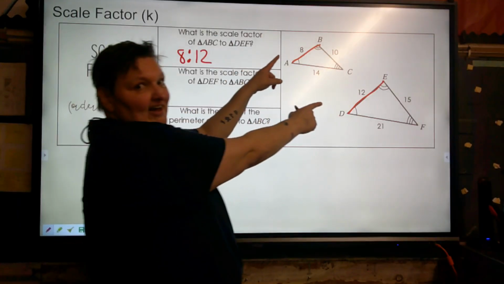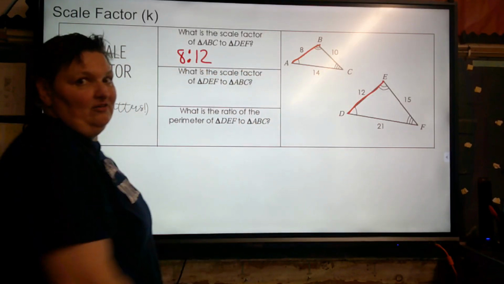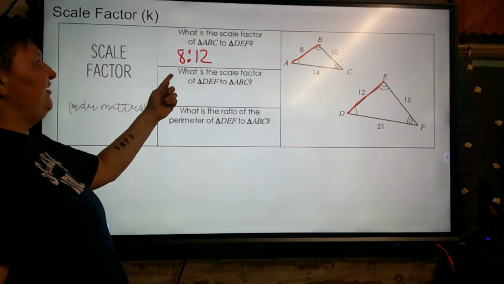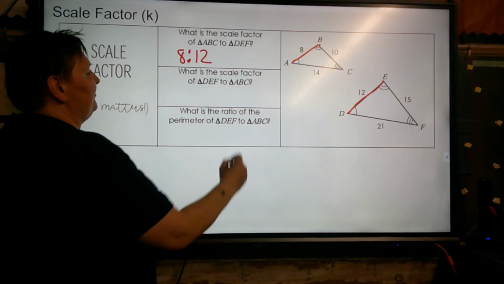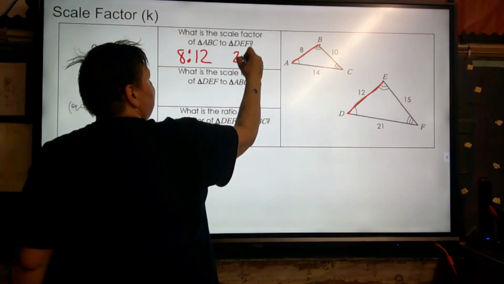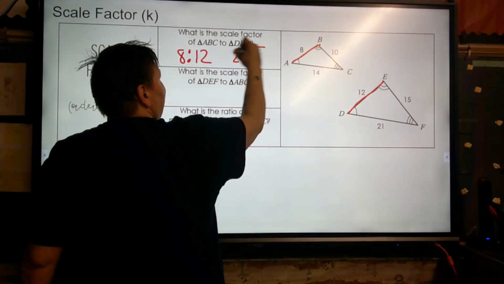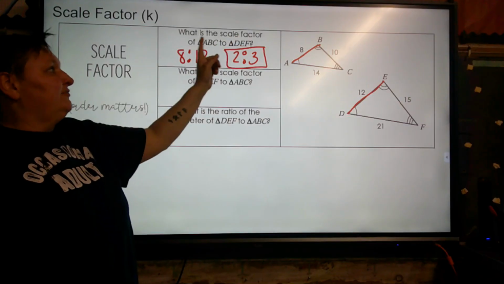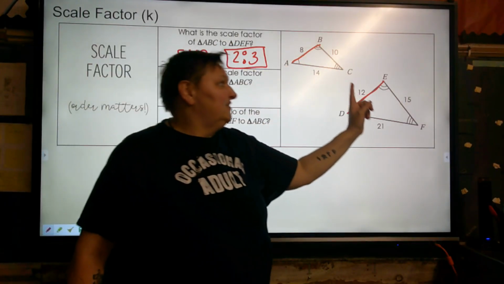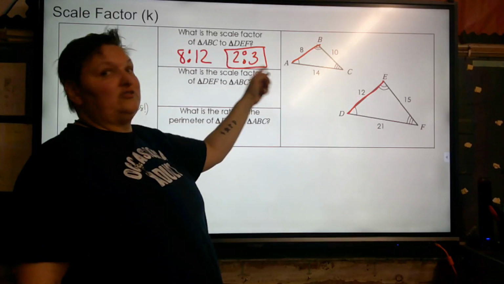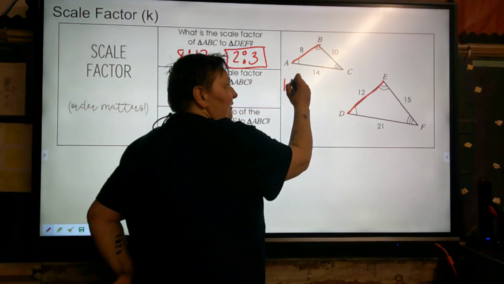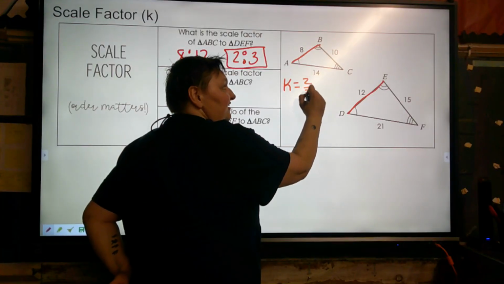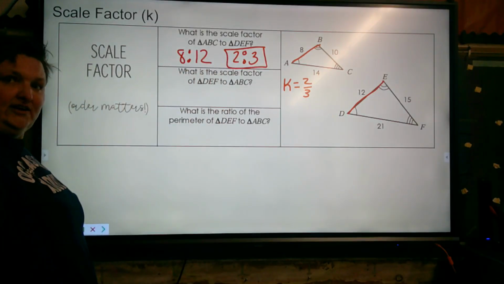Find two matching sides, and that's your ratio. Can this be simplified? Yeah, they can both be divided by 4. So it's going to be 2 to 3. So the scale factor from this triangle to this triangle is 2 to 3, or as we might be used to seeing it, your k is 2 over 3.